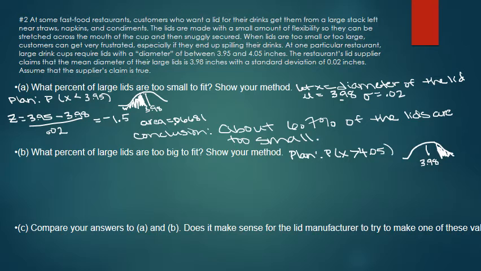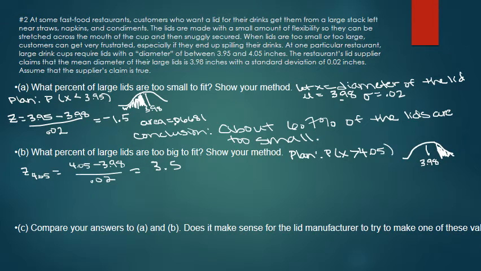So we want to do our z-score for 4.05. We would find out that 4.05 minus 3.98 divided by 0.02 is equal to a z-score of 3.5.